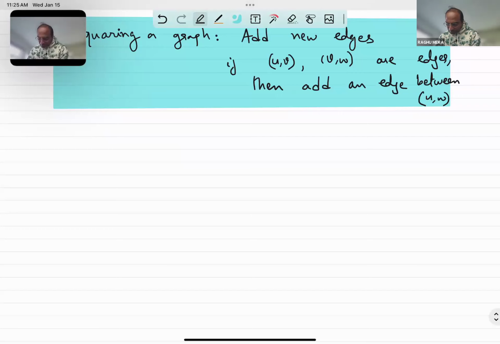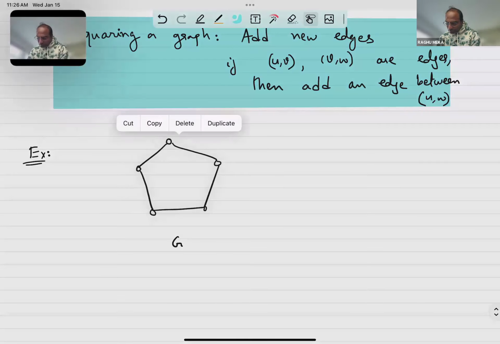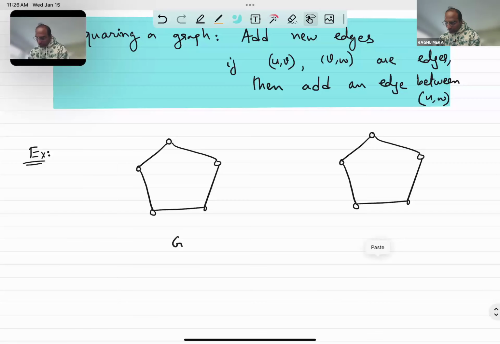So for example, let's say this is my graph G. Then G squared is going to be this graph, only the blue edges. So I have a path of length 2 here, so I connect this.